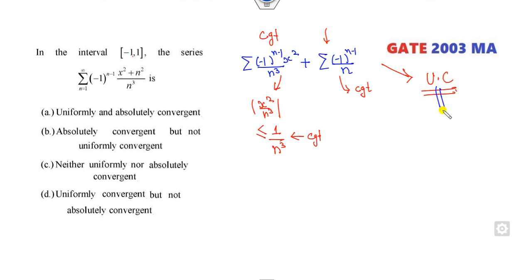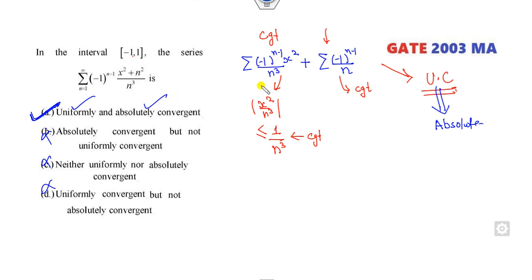And once it's uniform convergent, this implies this is my absolute convergent. So absolute convergent and uniform convergent is the correct answer. Because this is an alternating series, you have to think about here. However, how can you think another way? Is there any other method?